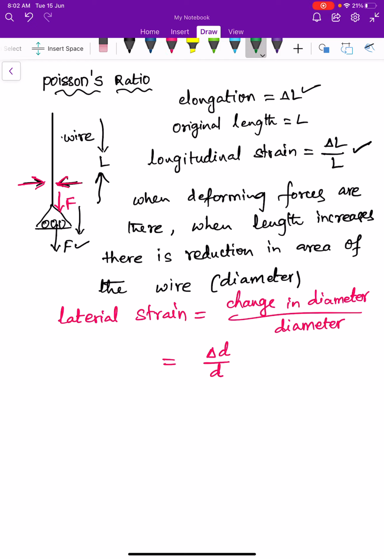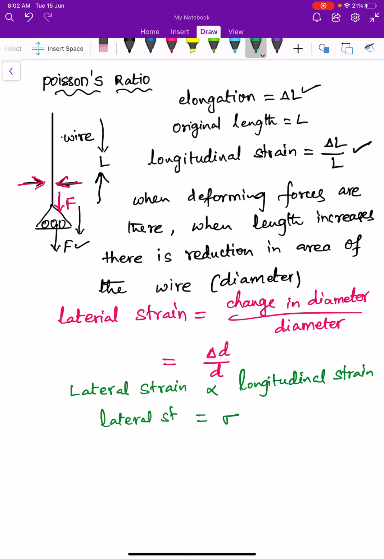Here lateral strain is proportional to longitudinal strain. If longitudinal strain is more, the lateral strain also will be more. So by removing the proportionality symbol, we get a constant. That is, lateral strain is equal to some constant sigma into longitudinal strain.